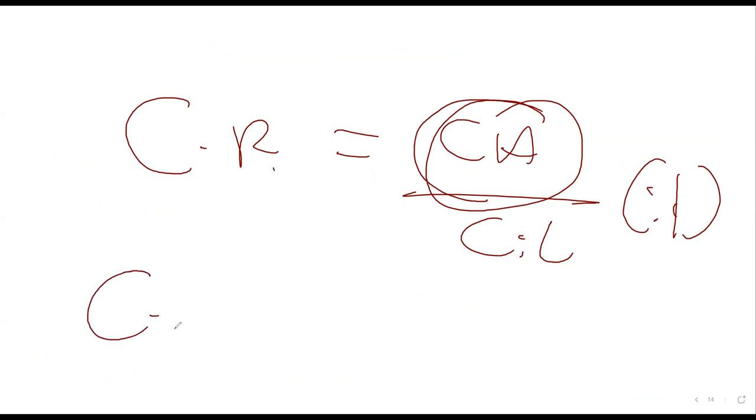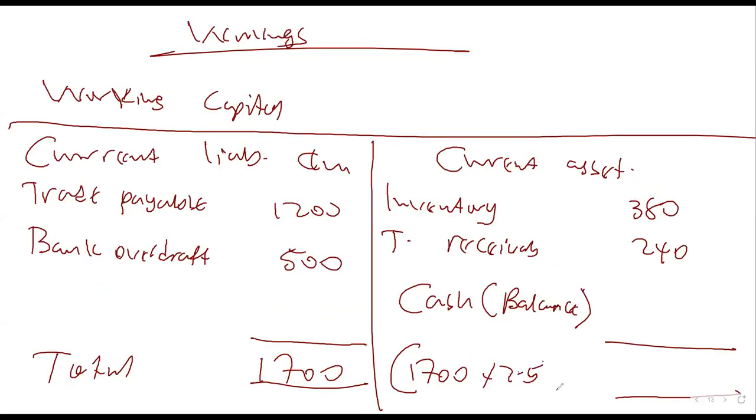So if you multiply the current ratio by the current liability, it should give you the current assets. That's the same approach you're using here. So the 1,007 times 2.5 will give us 4,250.